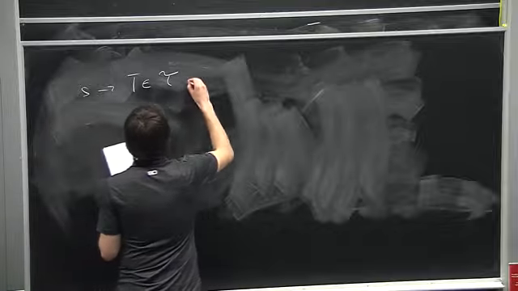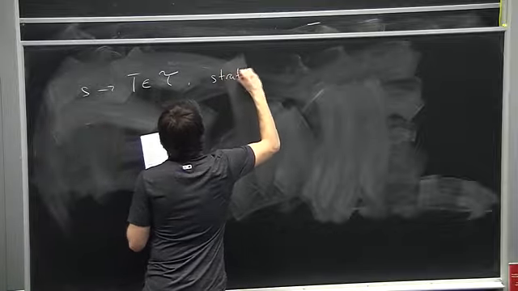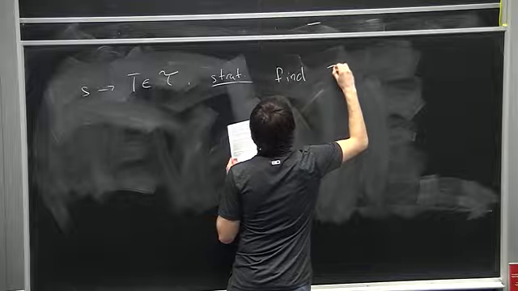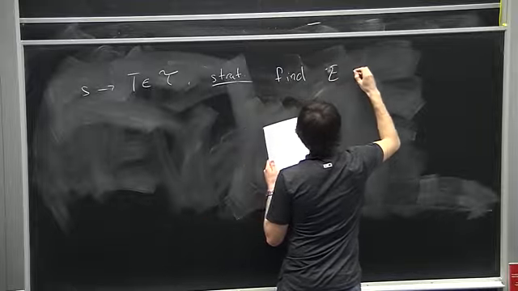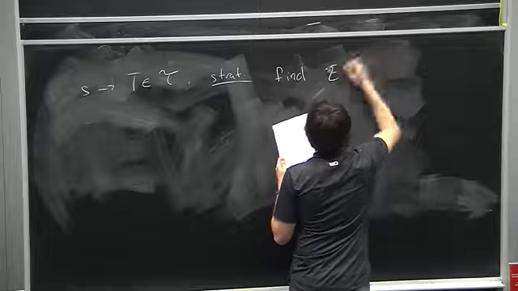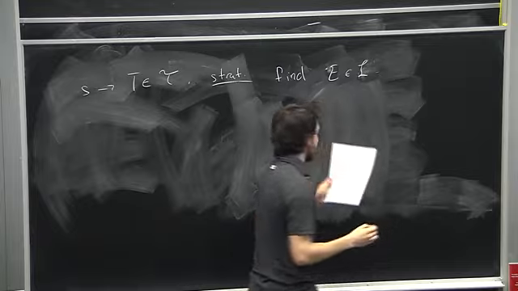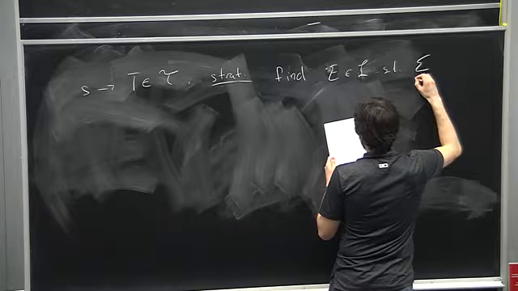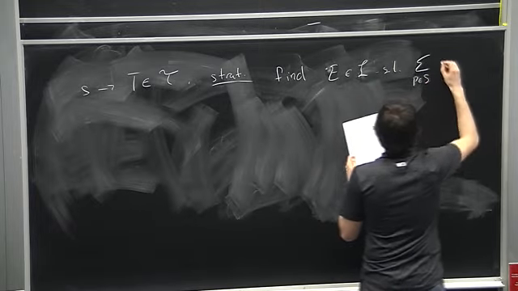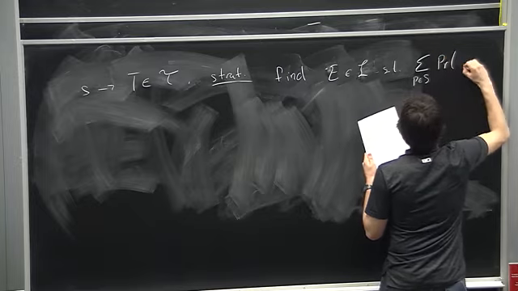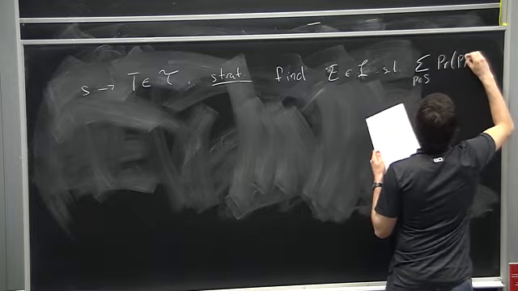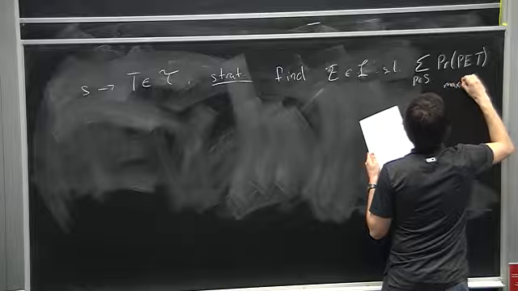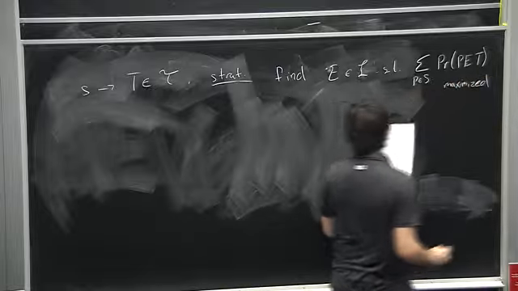And the strategy is to find some error E in the set L, such that the sum over all elements P in the stabilizer of the probability of getting P, E, and then T is maximized.